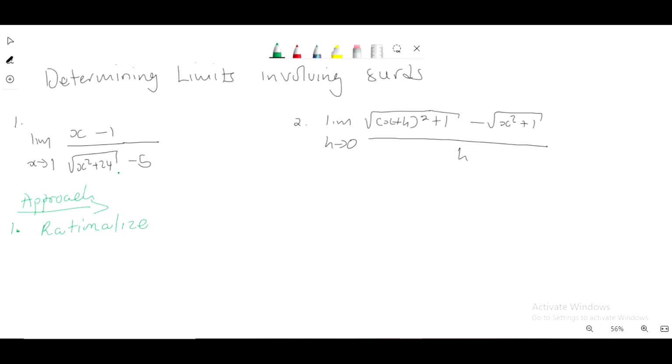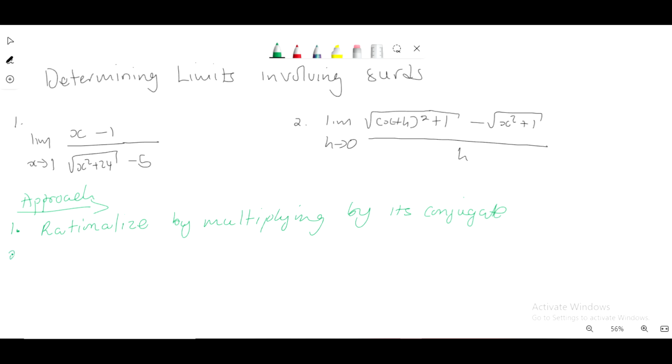For example, here we have our denominator, and we can rationalize by multiplying by its conjugate.